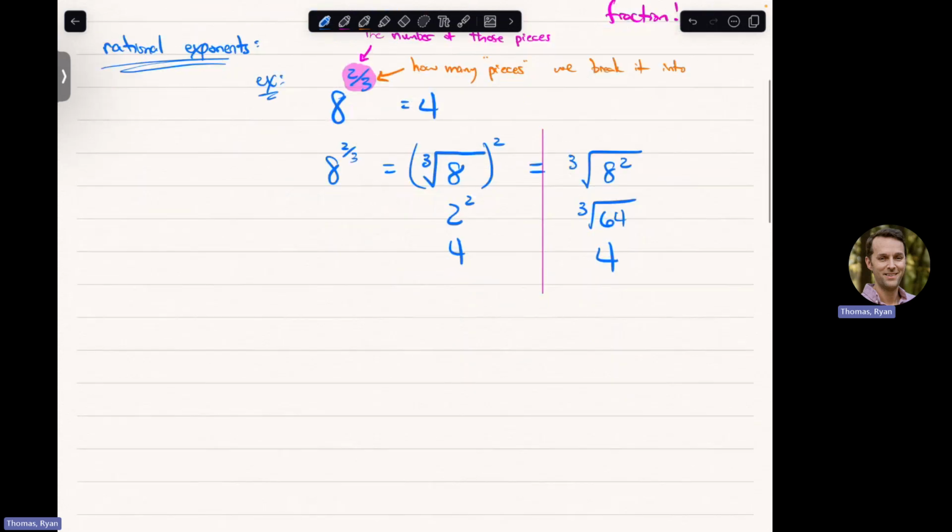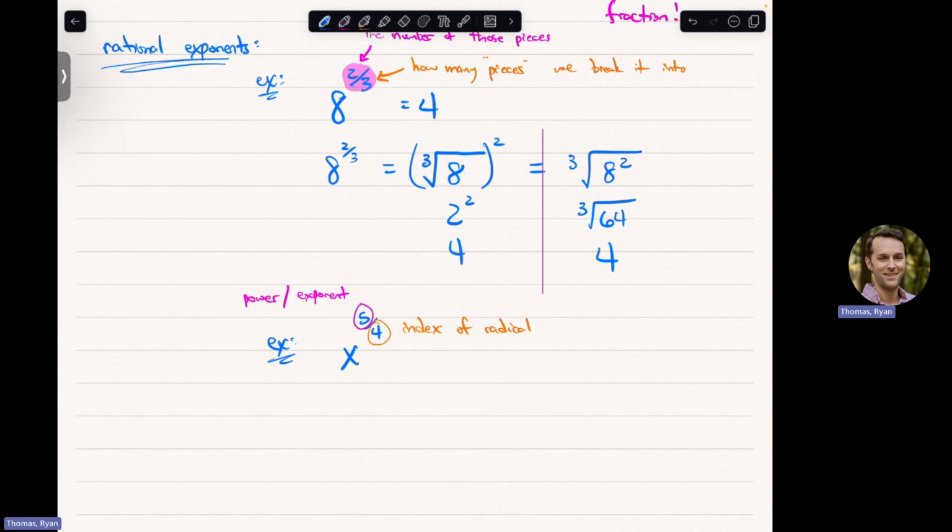The same thing is true for anything else, though. Let's say x to the 5/4, whatever. The numerator is like a normal power, an exponent in the number of copies sense. And the denominator is the index of a radical.